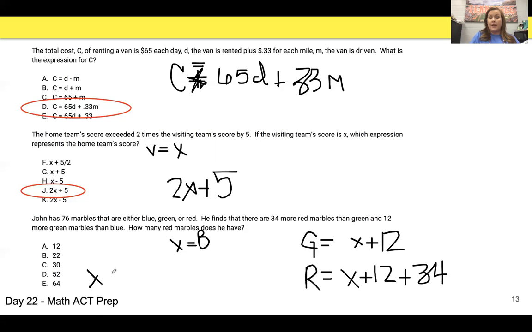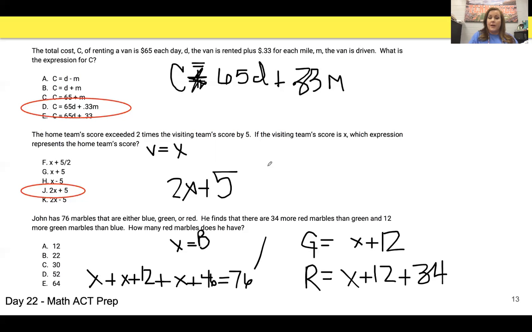So I'm going to get X, that's my blue marbles, plus my green marbles, which is X plus 12. Now my number of red marbles, 12 plus 34 is going to give me 46. So it's whatever x plus 46. And that should equal 76.